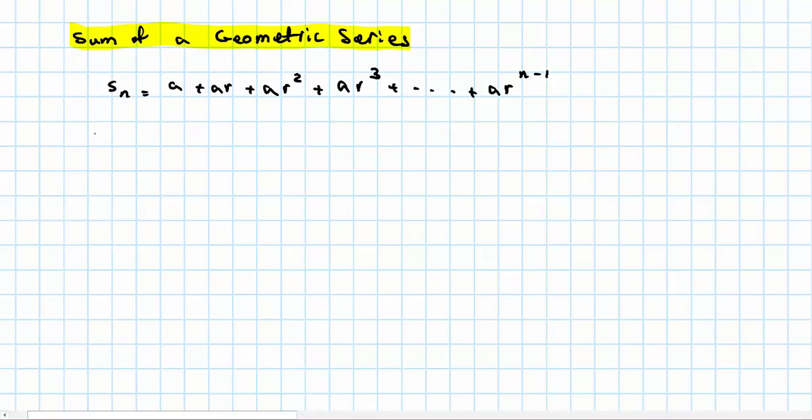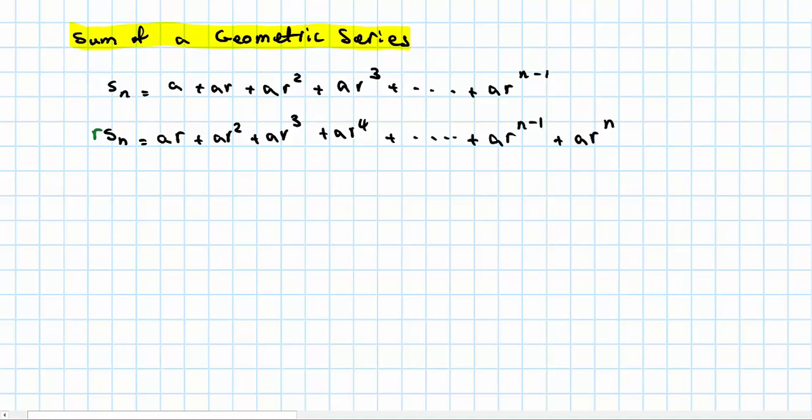So if I did that, I would get r in front of Sn equals, and then I would have ar plus ar squared plus ar cubed plus ar to the fourth plus, I might just write the previous term, ar to the n.